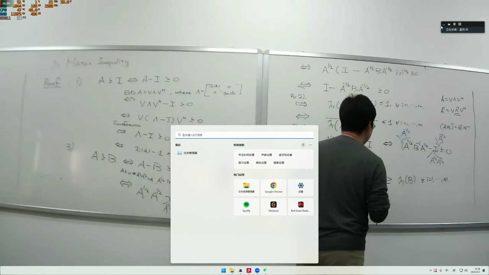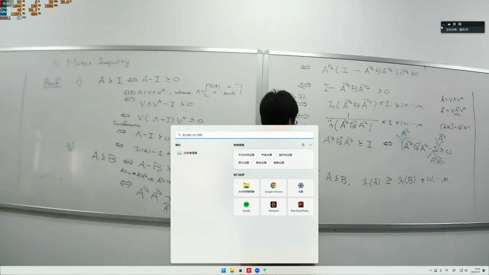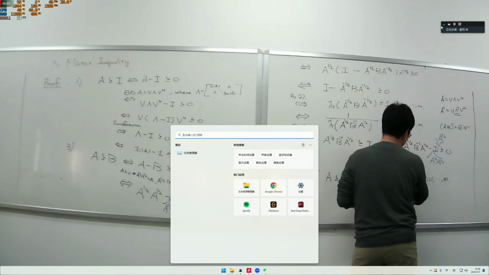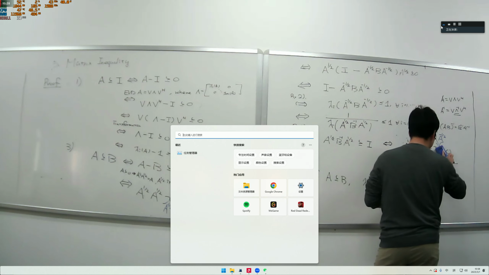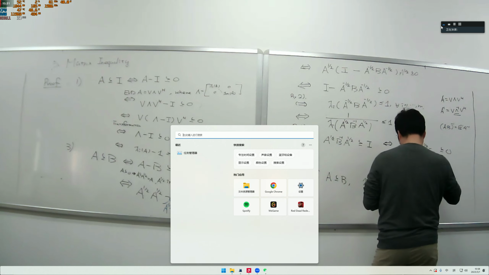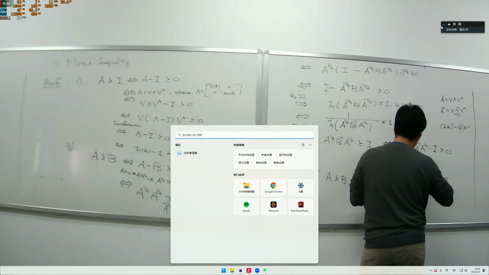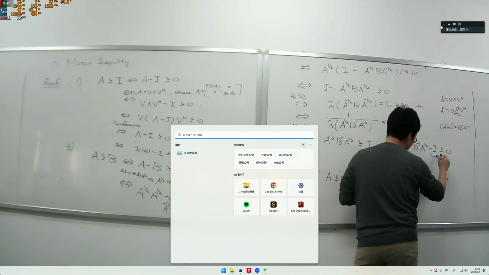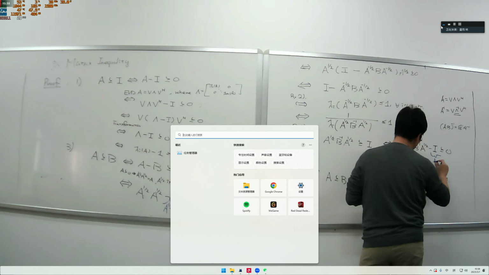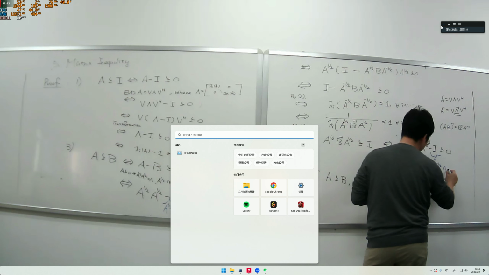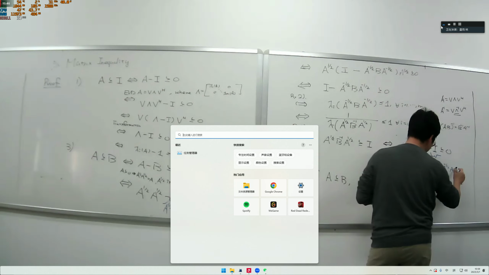Okay, maybe I should do it this way. You can write this identity as A square root, A inverse square root, A inverse square root, A square root.